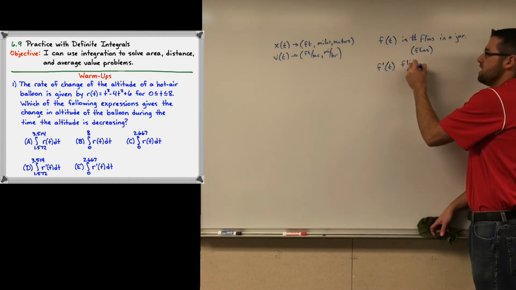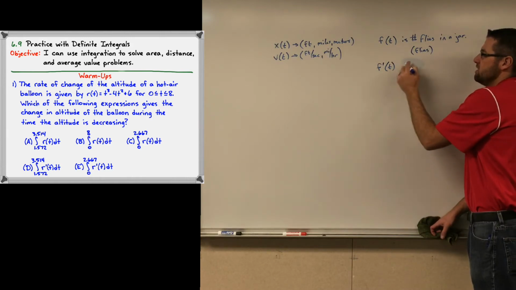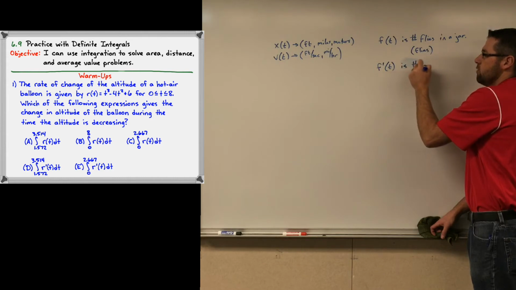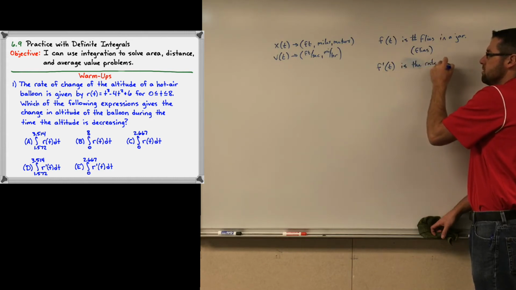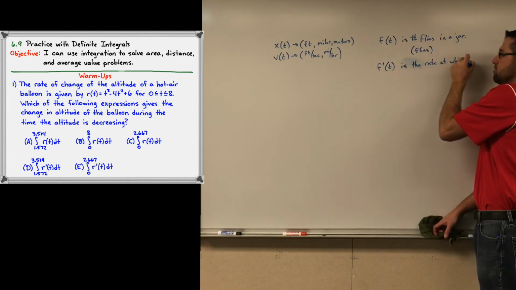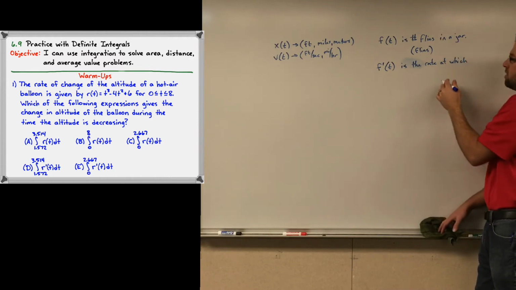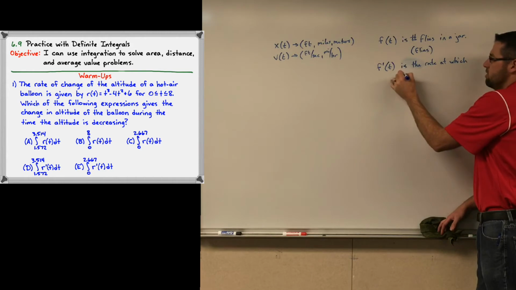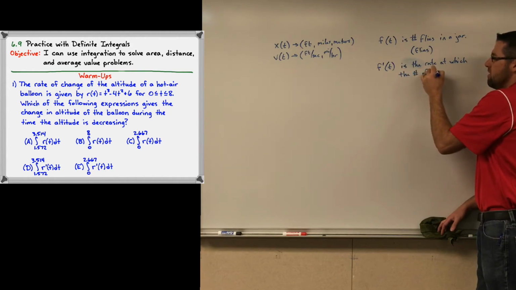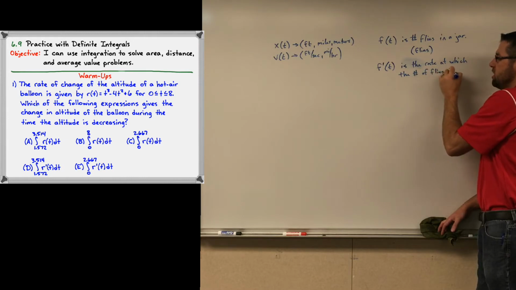This would be the rate at which flies are entering the jar, or the rate of change. The rate at which the number of flies is changing.